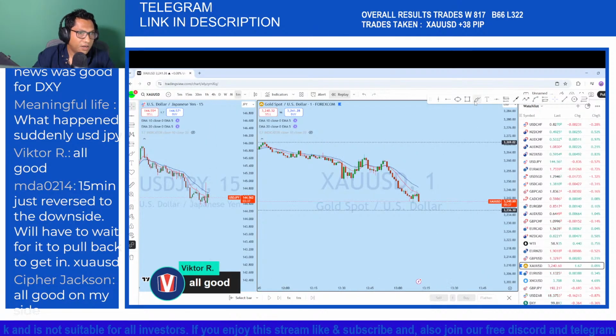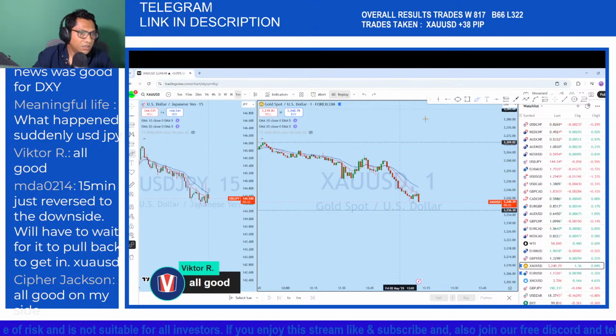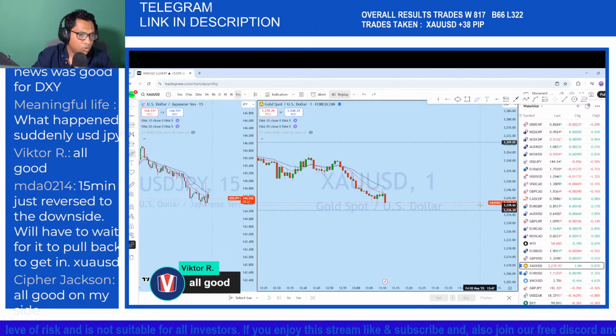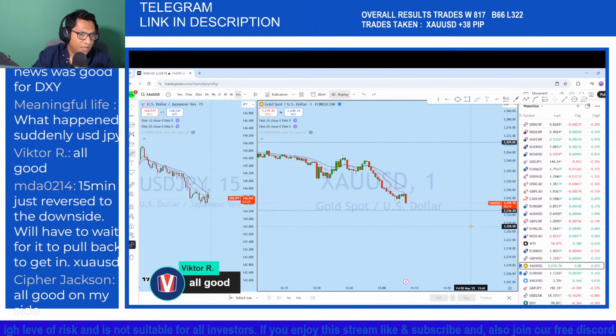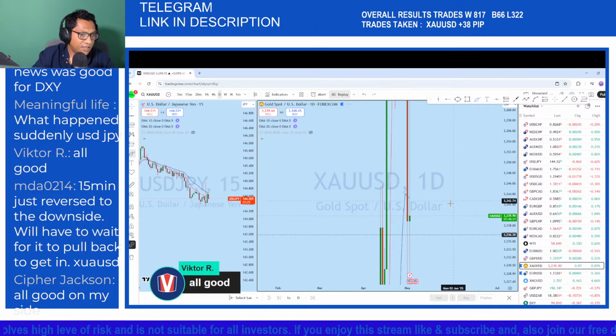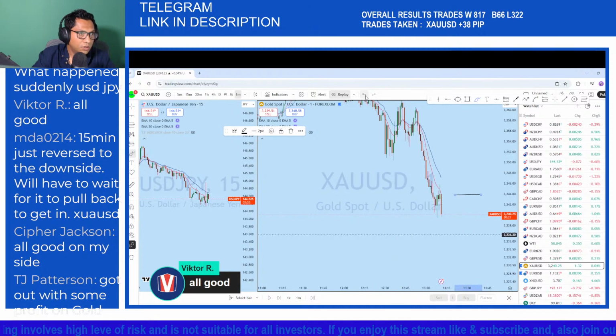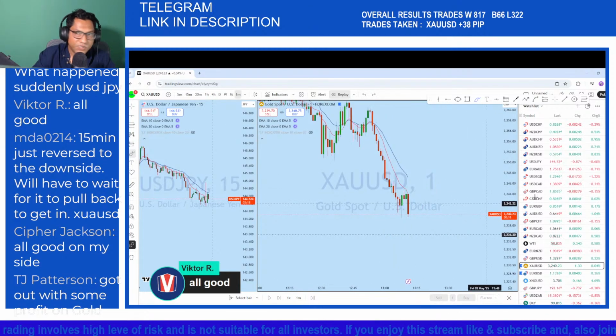So if the market reverses, then it should be retesting, having a strong rejection. That's where you will be able to find a possible bullish entry. If we see the market has done enough retest of this support and then reverts back to the upside.